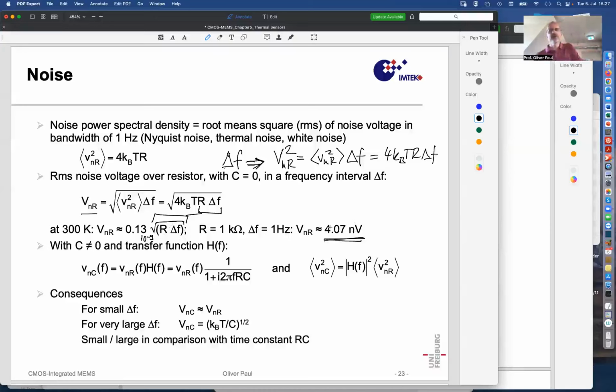There will be 120 nanovolt. If it's a resistor of 1 ohm at 1 hertz, you have 0.13 nanovolt. So these are some house numbers that I cannot forget anymore. The 4 nanovolt per kilo ohm per square root hertz, for 1 hertz of bandwidth, is something very fundamental.